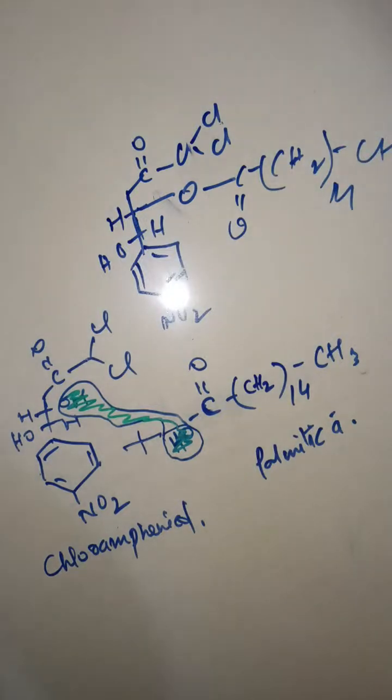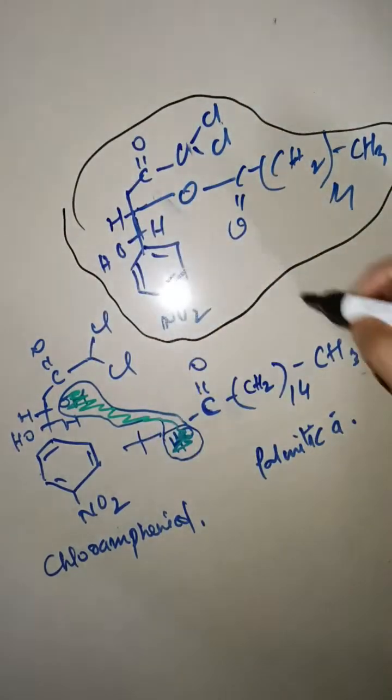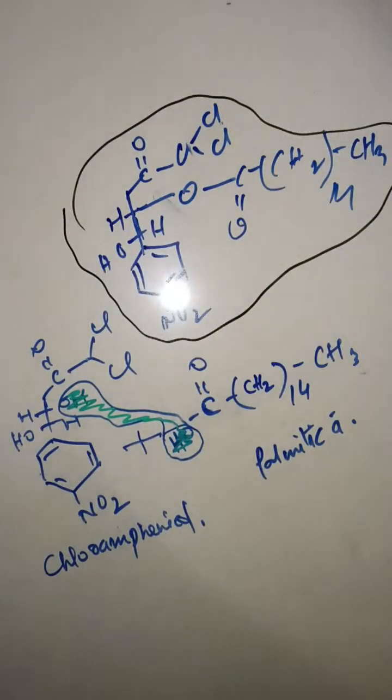So this is our final product, and this product is called chloramphenicol palmitate. It is an antibiotic and acts by inhibiting the protein synthesis in the microorganism.